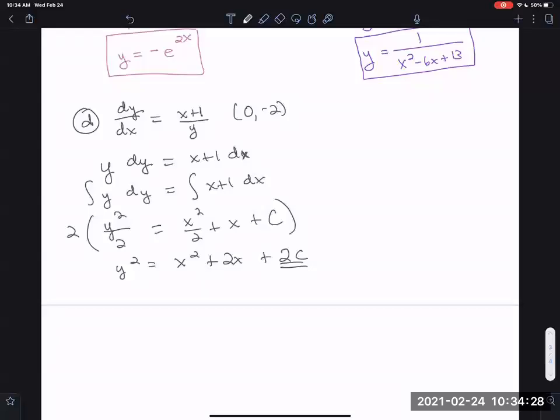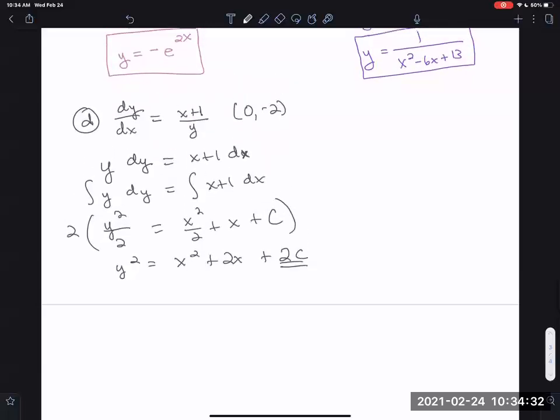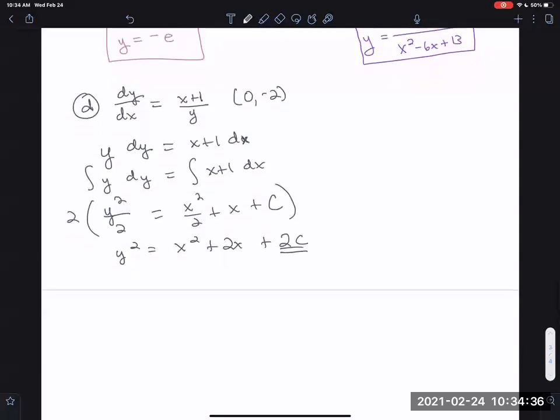So let's keep going and let's plug in. Maybe we'll show it both ways. Let's go ahead and leave it the way it is, and we'll finish the problem off. So notice what's about to happen. If I want to solve this all the way for y right now, this 2c is going to be underneath the radical, right?